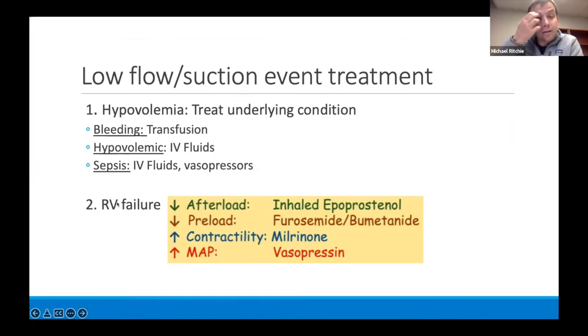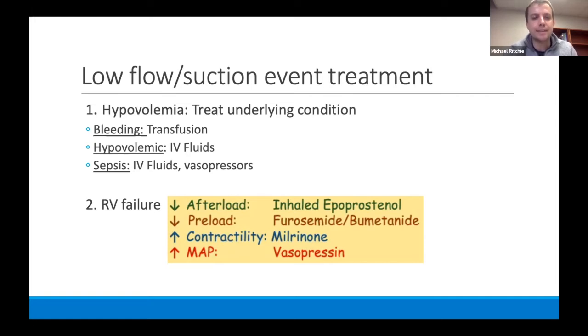If it's RV failure, the idea is you want to make the RV work as efficiently as possible. So decrease afterload so the RV doesn't have to work as hard. Usually that's an inhaled pulmonary vasodilator; I use inhaled epoprostenol. Decrease the preload to decongest the RV so it's not pushing over into the LV, with diuretics.